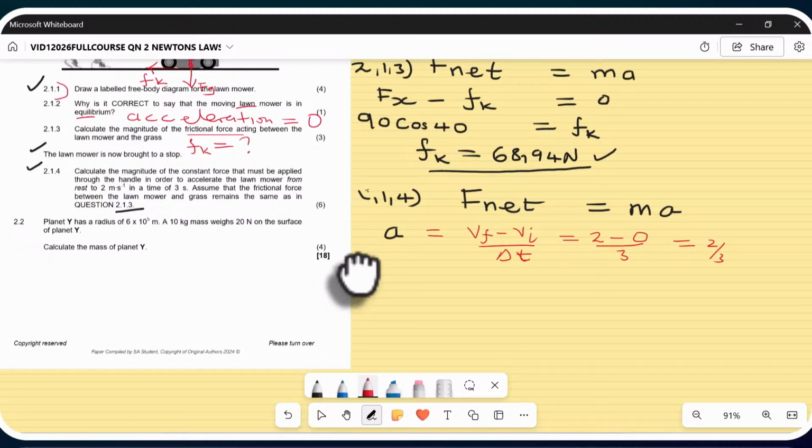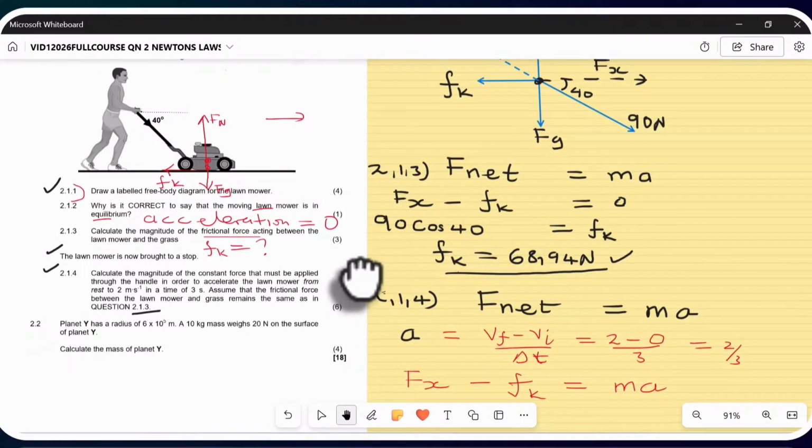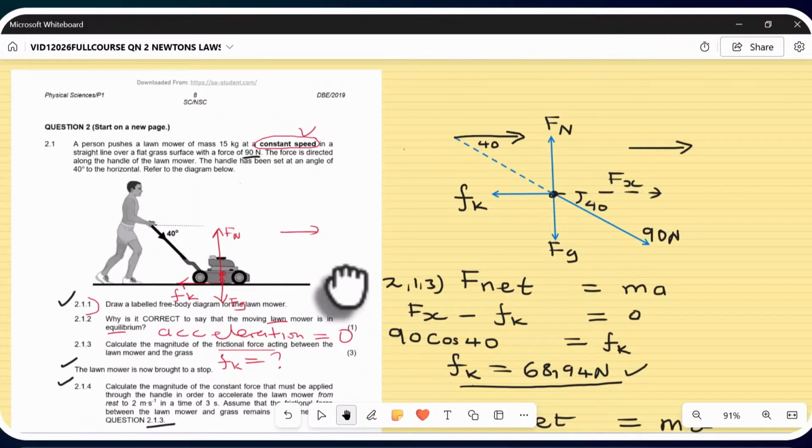So when I come back here, this Fx, like we saw, is given by the force F, which was 90 in that case, times cos of 40. So the force times cos of 40 degrees minus the frictional force, which is 68, right, guys? 68,94.